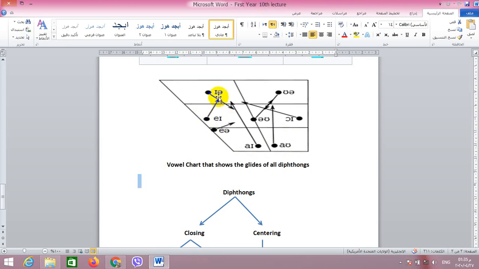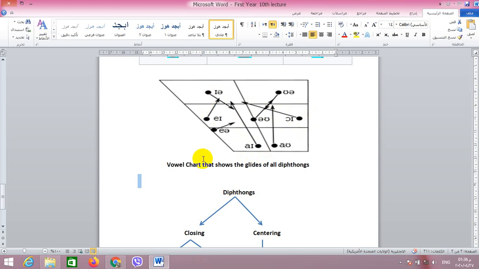This is the a. We have a movement from a to e, and the resulting diphthong is I. And we have another movement from o to the e, and the resulting diphthong is oi.